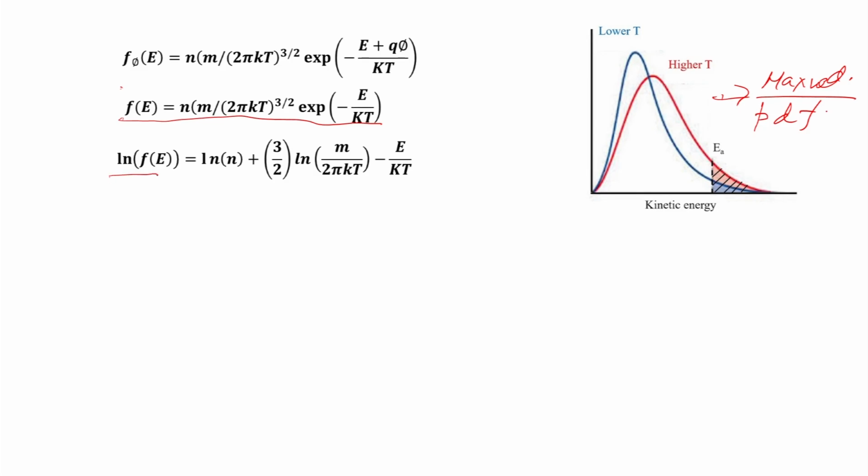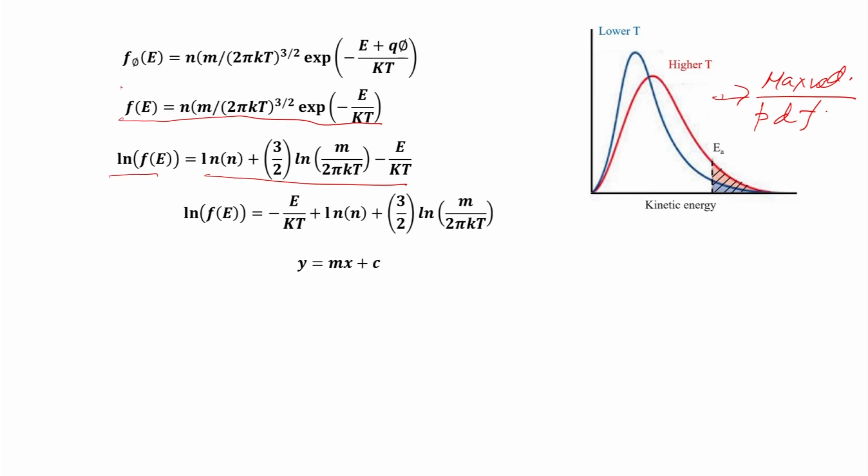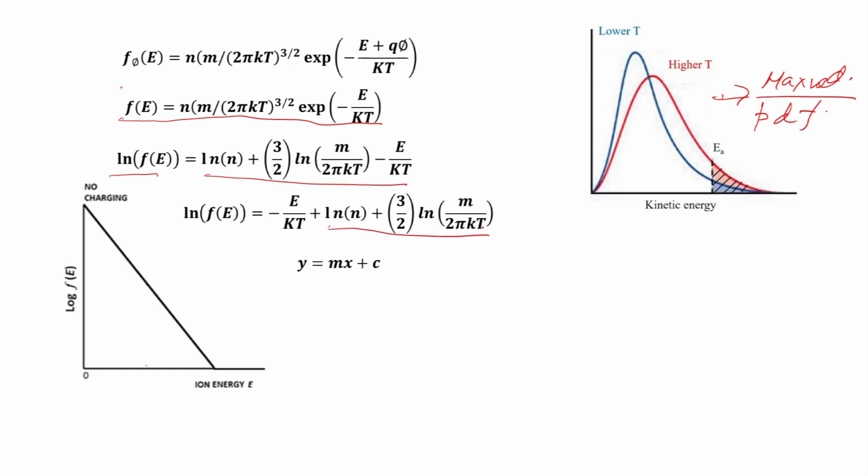We have taken the natural logarithm, so this exponential function becomes linear, the equation of a straight line. If I put this as y, then E is my variable, so I put this as x, this is the slope, and this is the constant term. If I plot that, it will look like this.